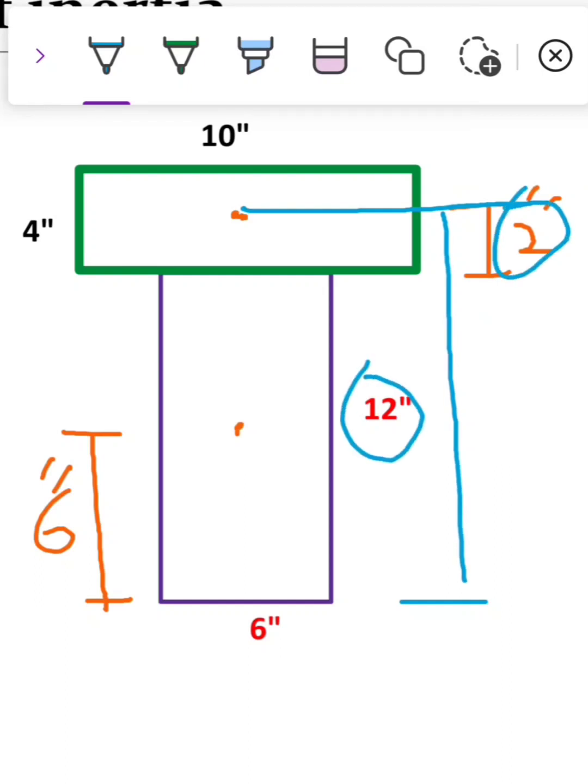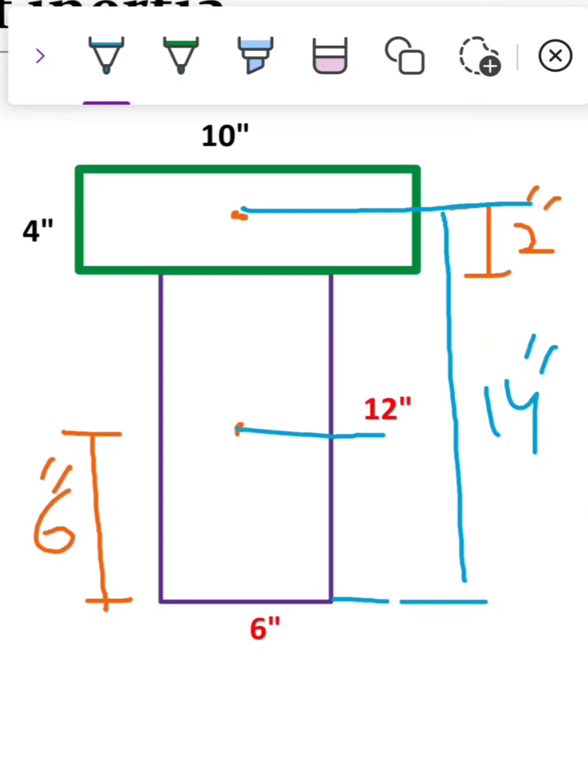It will give us 14 inches. This will be used in further calculation. And the distance from this bottom fiber to the center of the first rectangle is 6 inches. So these dimensions will be used.